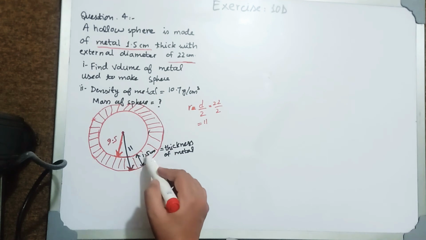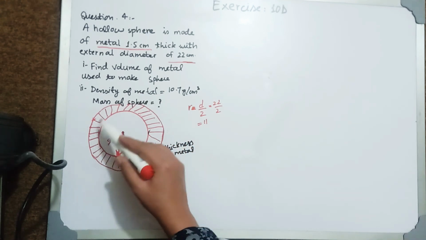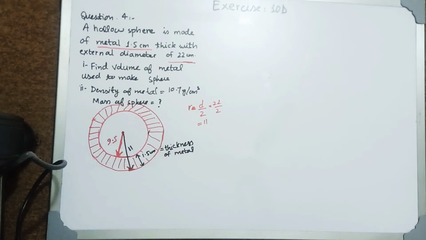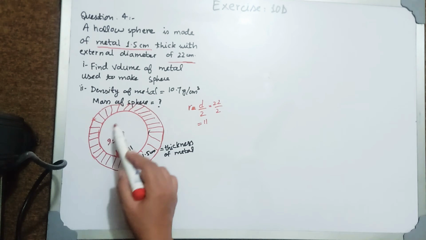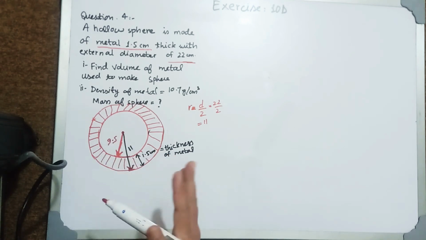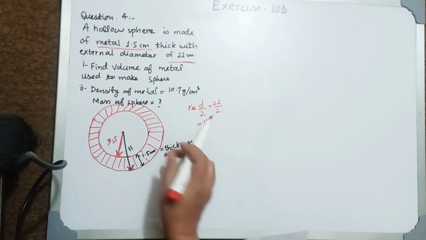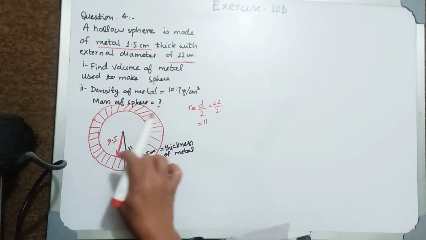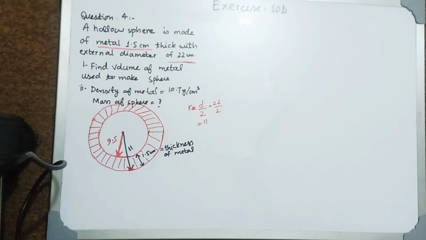It's very simple. First we will find the volume of this whole sphere, right? Then I will find the volume of this internal sphere that I have left blank here, right? And if I subtract the volume of both spheres, then I will get the volume of this thickness of metal, and that's what we are asked to find. So let's start the question.